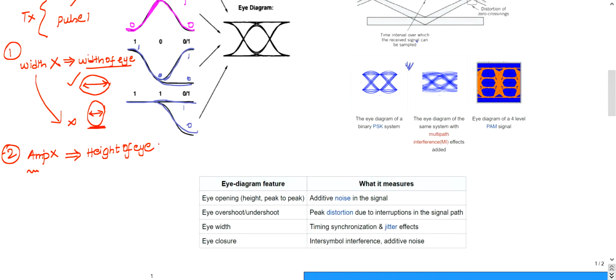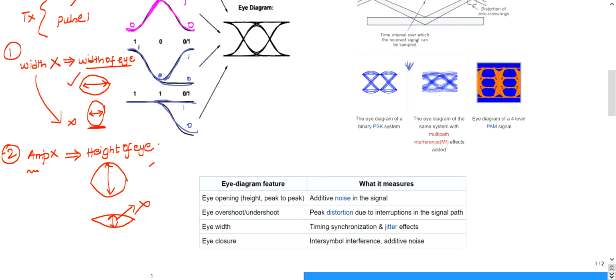For a good eye it will have good height. For a distorted eye you will have a very low eye, like a closing eye, almost a sleeping eye. The width is very low. This is not preferable, this is preferable because it has good width.